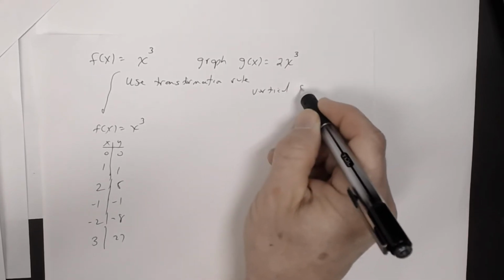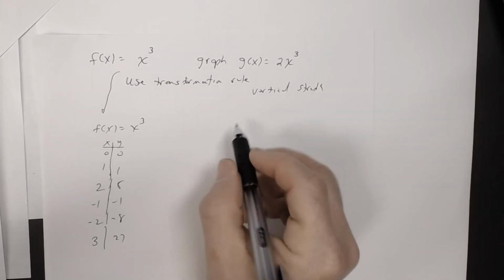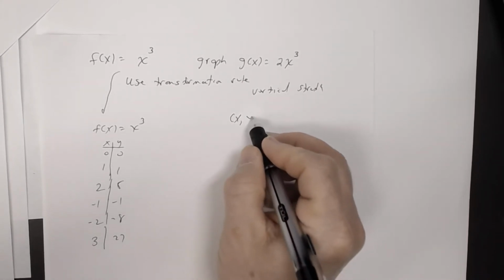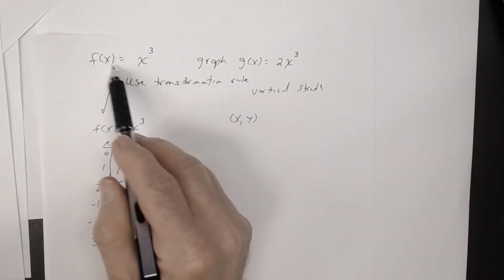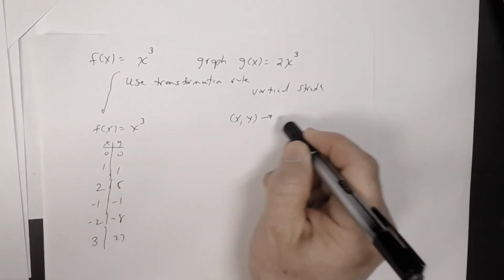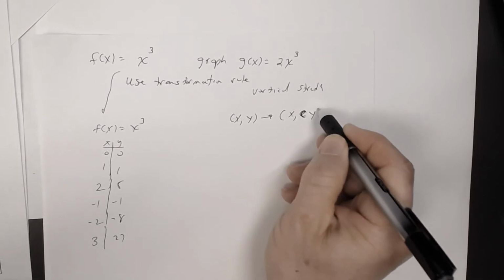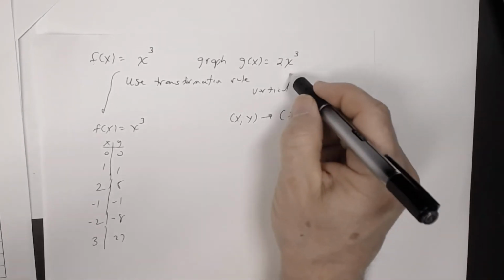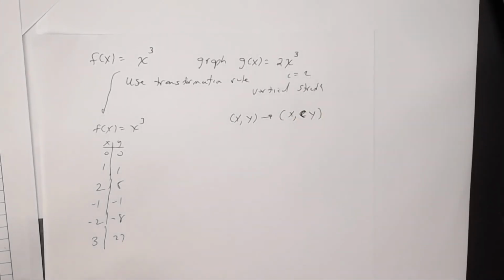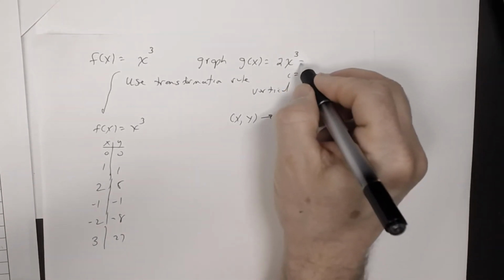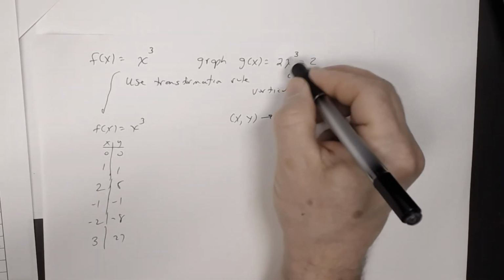And so the rule says I take the point that's on here, and to get the new point, I'm going to multiply the y value by c. That's the rule. And so c in this case is 2, because remember, g of x means the same thing as saying 2 times f of x.